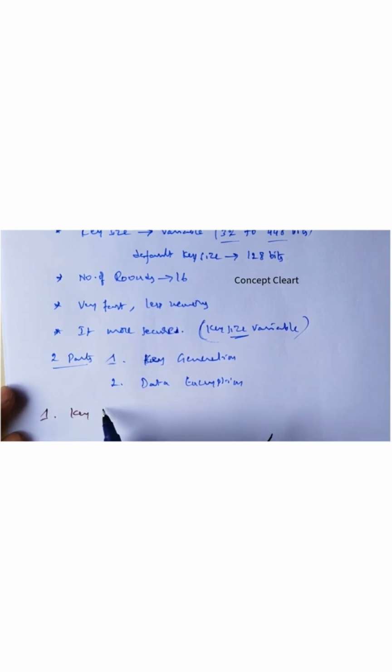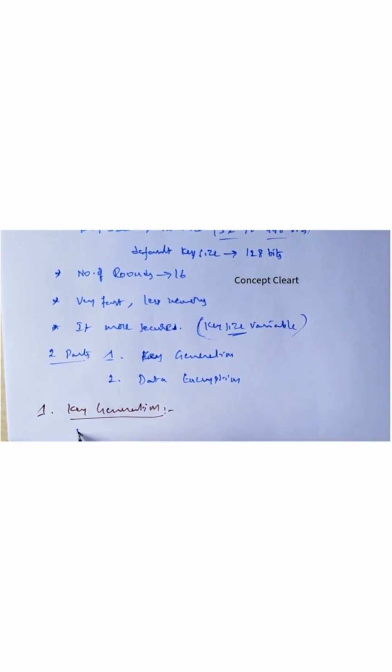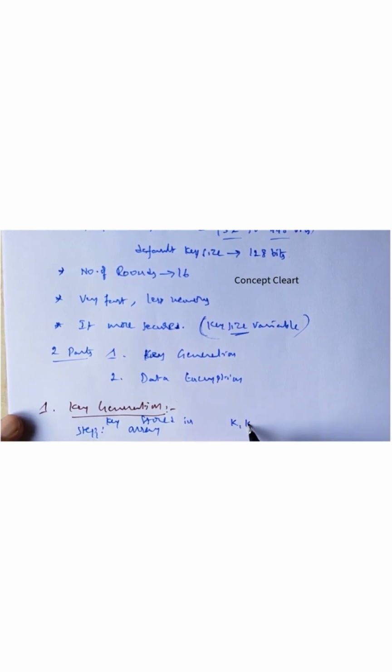What is the meaning of key generation? Key generation is nothing but generating the key to perform the encryption algorithm. It follows some steps. Step one: the key is stored in an array. The keys are K1, K2, up to Kn. Here 1 key equals 32 bits.